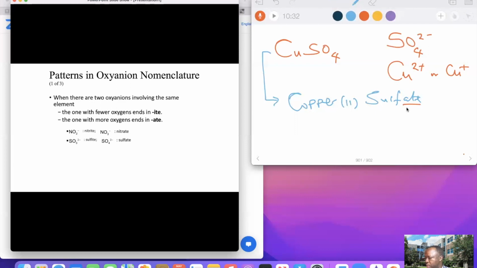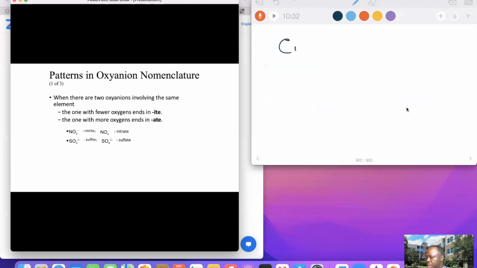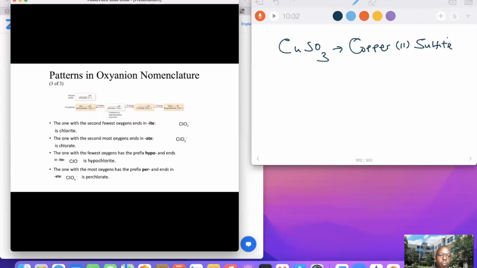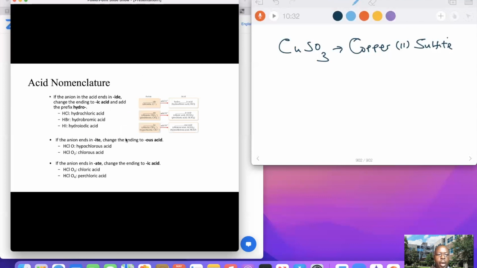If it was CuSO3, then this one is copper(II) sulfite. Likewise, if ending with ATE, you need to know those. I've given you examples on how to name polyatomic ions. Please read those and make your own notes. This is just naming of polyatomic ions.